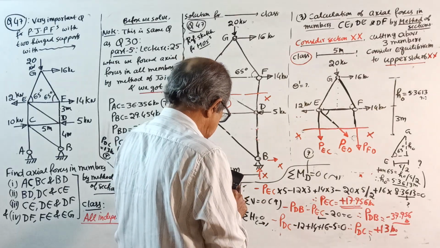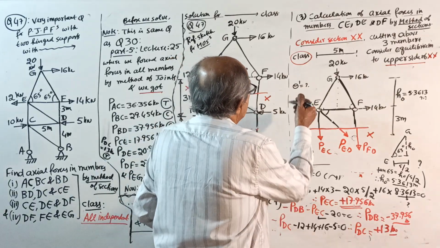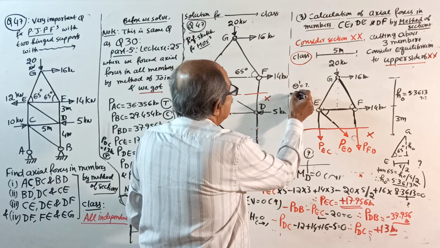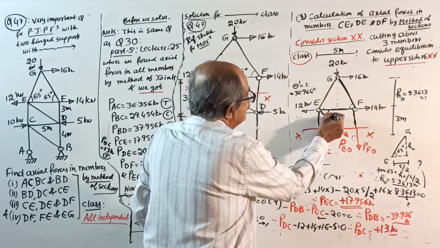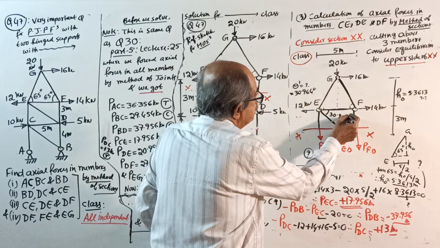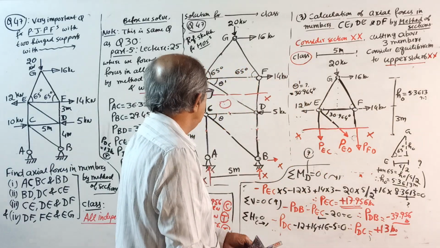Shift tan inverse answer: 30.964 degrees. Your theta dash will come 30.964 degrees. Enter here. Now ready for calculation.